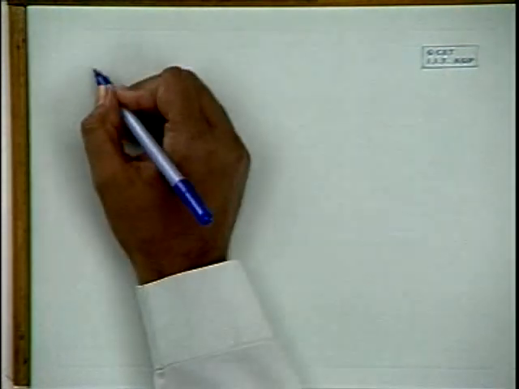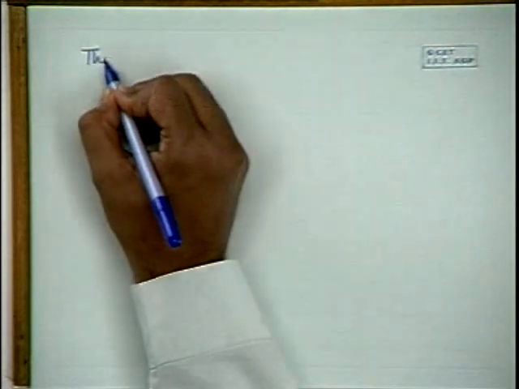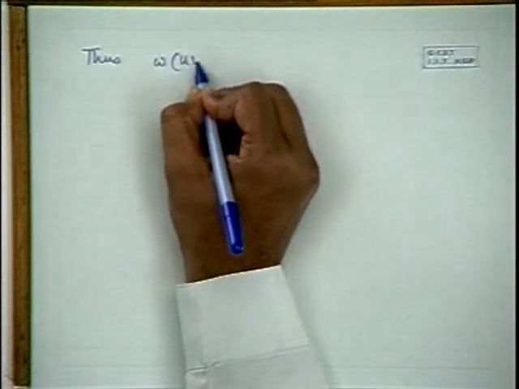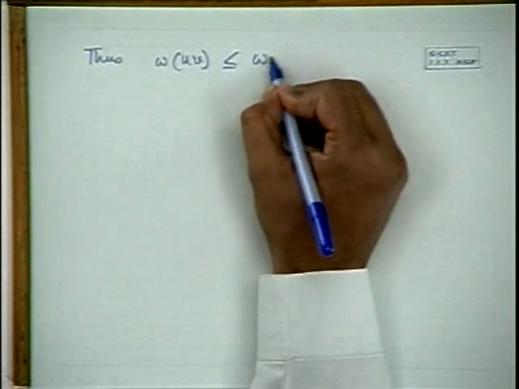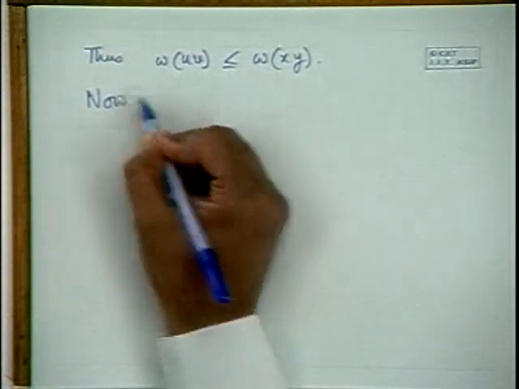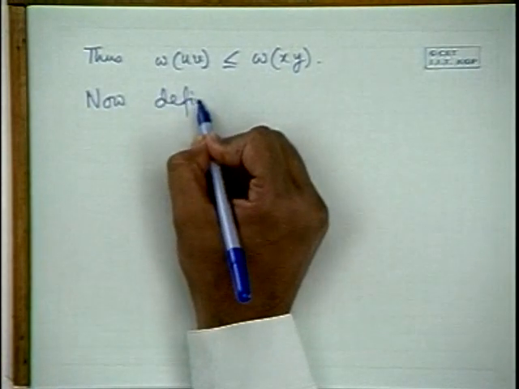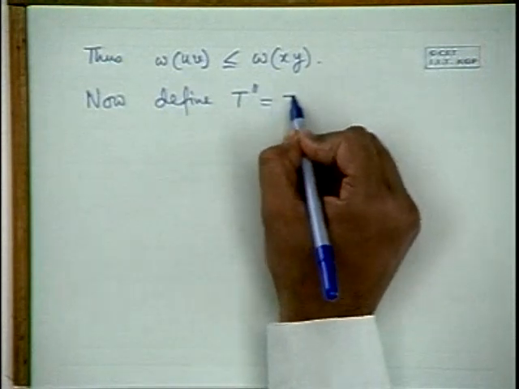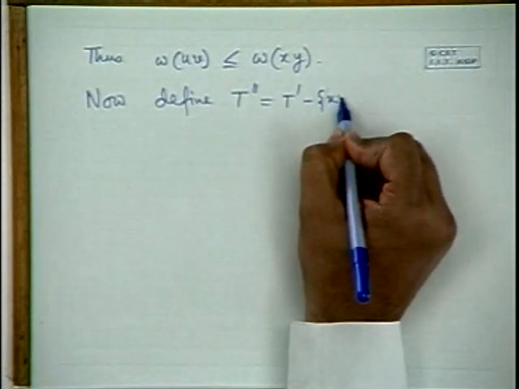So let me write it down now. Thus W of UV is less than W of XY. Now define the new tree T double prime as T prime minus XY.